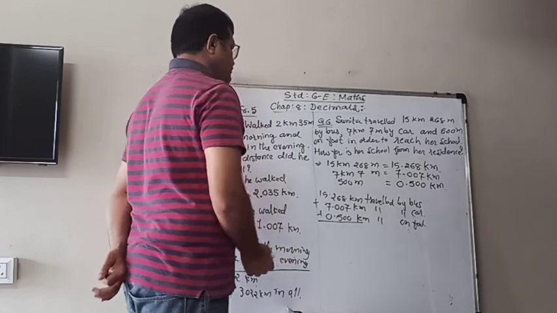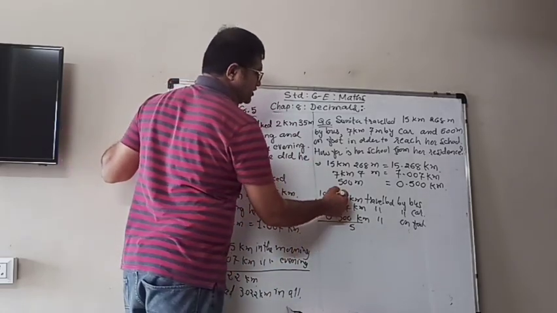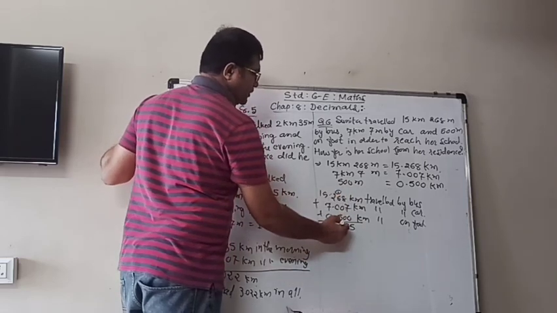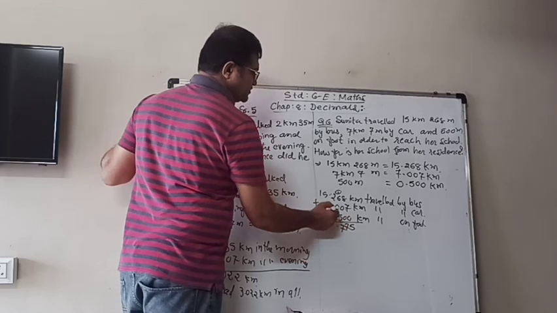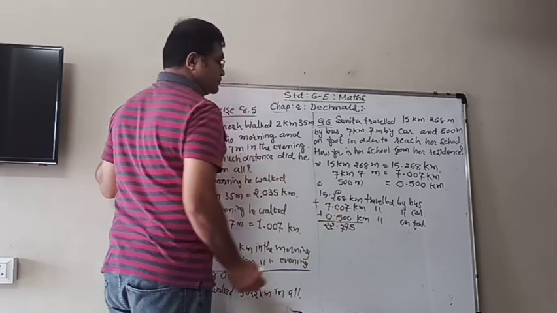So now we will add them. 8 plus 7, 15; 6 plus 1, 7; 5 plus 2, 7; 7 plus 5, 12, carry 1 plus 1, 2 kilometer.